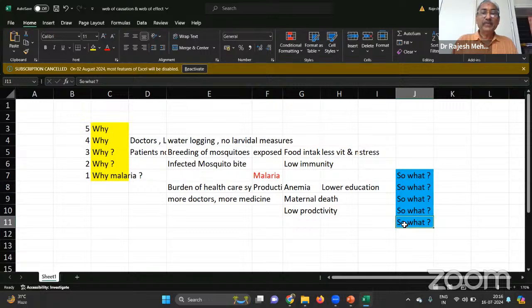But before we talk on malaria or diabetes or so many thousands of diseases, what is the effect of that on the population and what are the reasons, so that we can break the chain? So this is a must for all of you to prepare at least one web of causation along with web of effect.